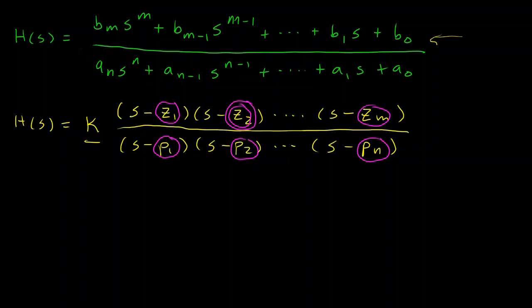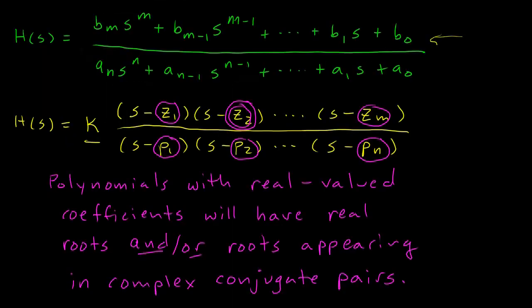Then there has to be a corresponding zero that is the complex conjugate of z2. So all complex roots of polynomials with real valued coefficients must occur in complex conjugate pairs. Polynomials with real valued coefficients will have roots that are either real valued or appear as complex conjugate pairs. And you can obviously have combinations of both.